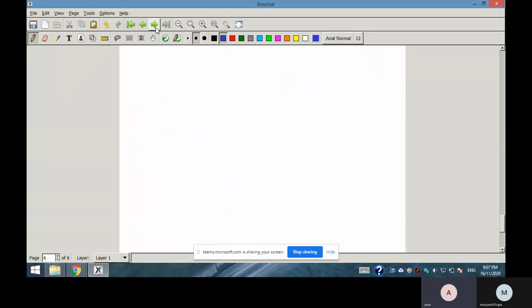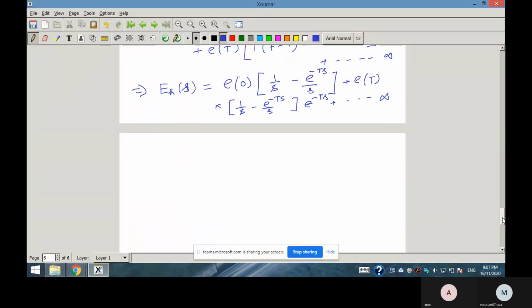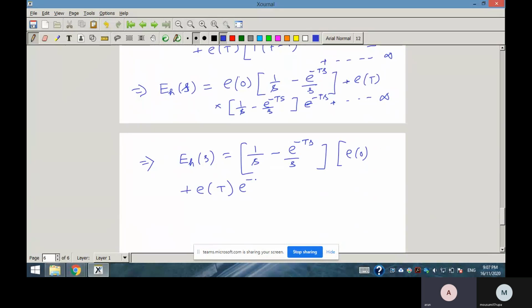Then you will get EH(s) equal to 1 over s minus e to the power minus Ts by s, into E0 plus E(T) into e to the power minus Ts plus E(2T) into e to the power minus 2Ts plus up to infinity.